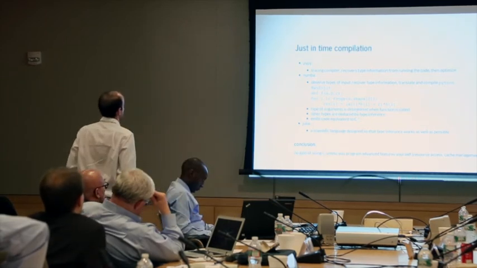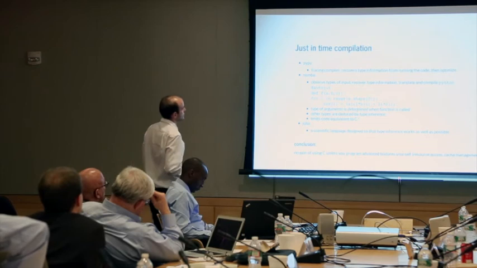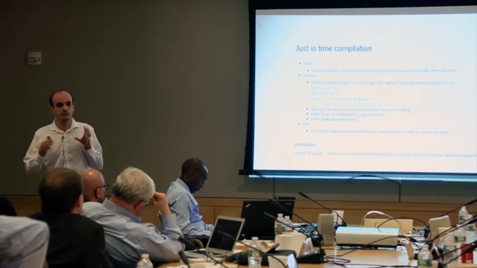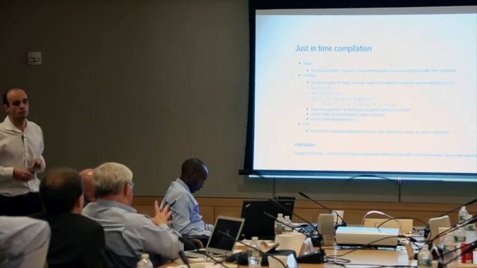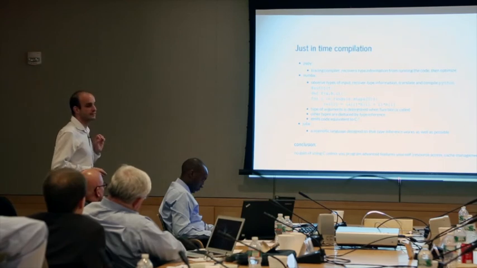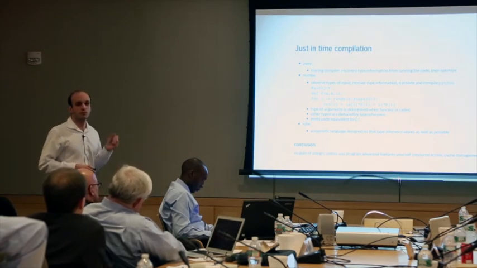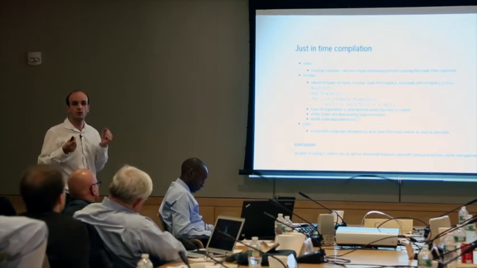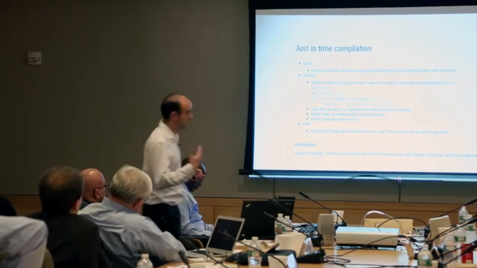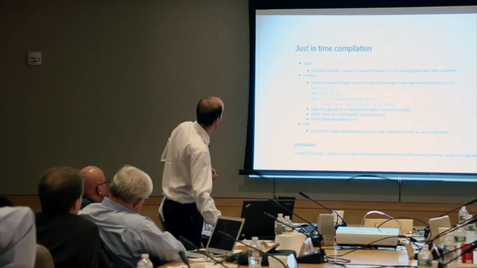Okay, and there is also this Julia language that you should at least hear of. It's a language that is really similar to MATLAB, but it's designed so that just-in-time compilation is as efficient as possible. So when you write Julia code, you always have something that's close to machine performance, even if it's a high-level language.